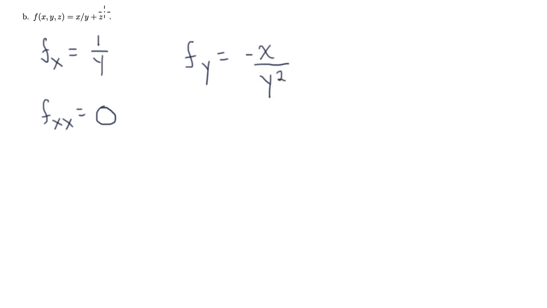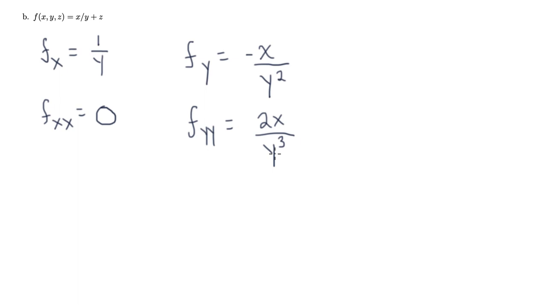And then the derivative of z with respect to y is, again, 0. So if I take the derivative again with respect to y, well then I'm going to just take the derivative of 1 over y squared, which is going to be negative 2 over y cubed. So we're going to be left with 2x divided by y cubed, like that.